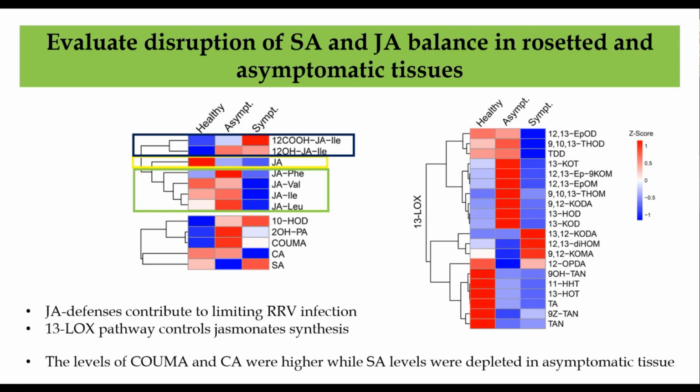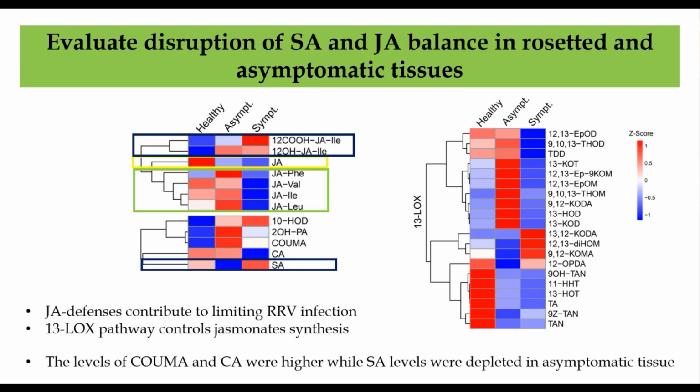Here you see a diversion in the pathway of jasmonic acid biosynthesis, which is the alpha-linolenic acid pathway. So there is a diversion happening. All these metabolites are increased in asymptomatic cane, but in the middle you see these three metabolites accumulating more in symptomatic cane.